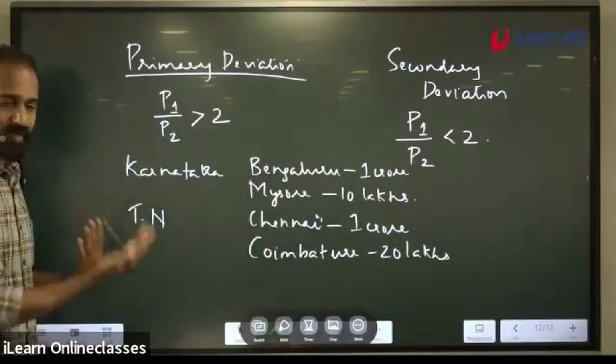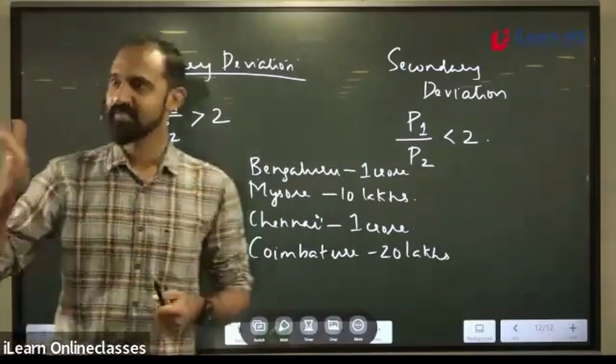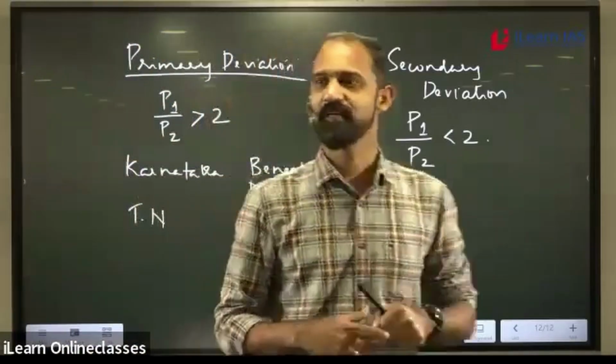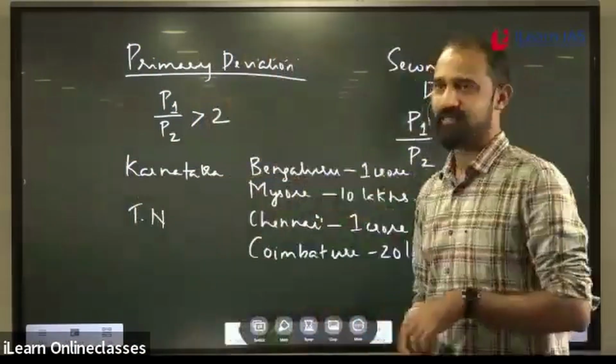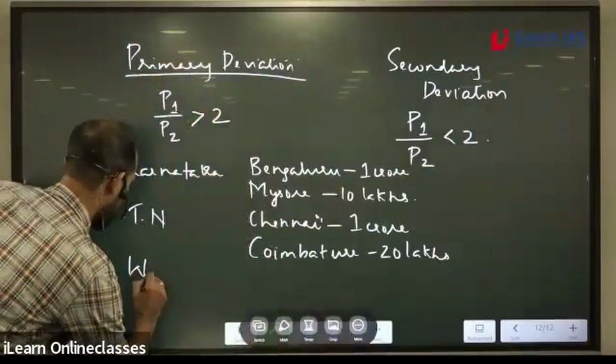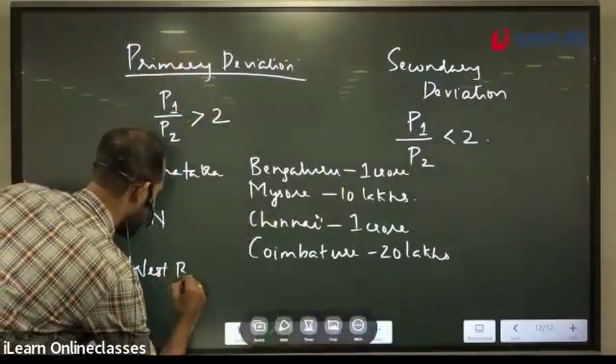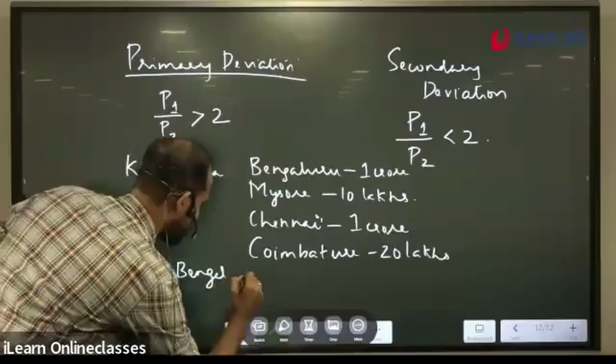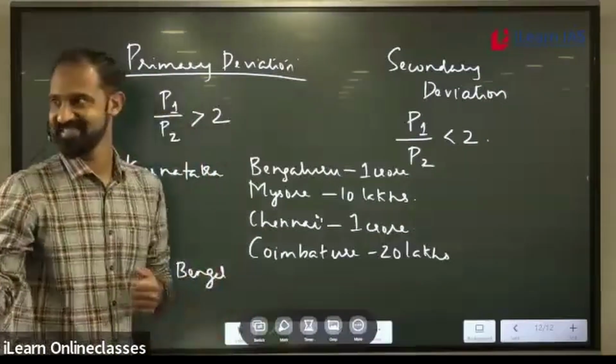So you can give more examples. West Bengal is again primary deviation. Kolkata is the largest city. Moni Deepa, tell me the second largest city of West Bengal. Do you know?